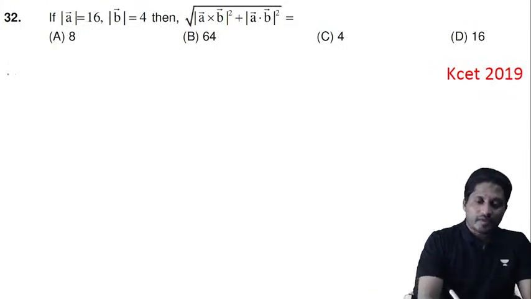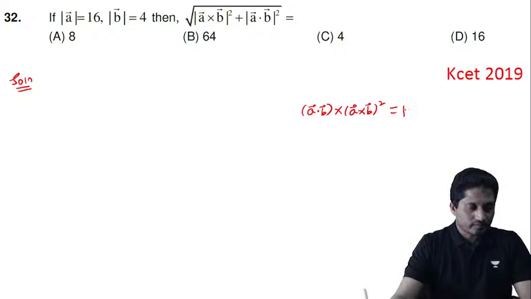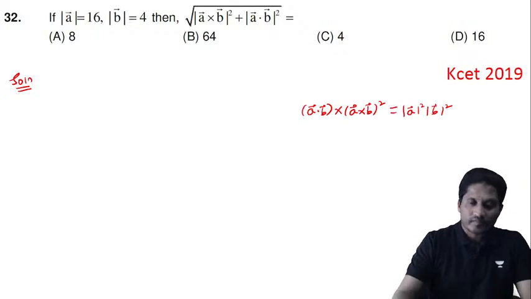See, we have done this in the 2018 question as well. Dot the whole square plus cross the whole square is equal to mod a square into mod b square. That is Lagrange's identity.